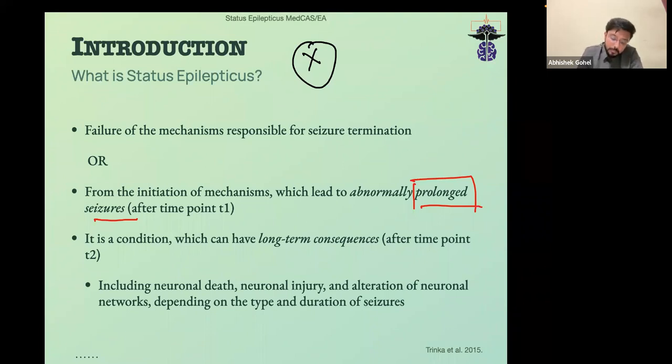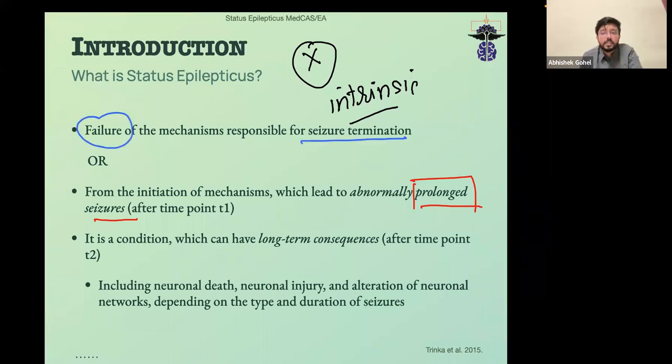So there are some intrinsic mechanisms in the brain that are responsible for the termination of the ongoing seizure activity. They usually work most of the time. So what happens in a patient with status epilepticus? These mechanisms fail to terminate the seizure.